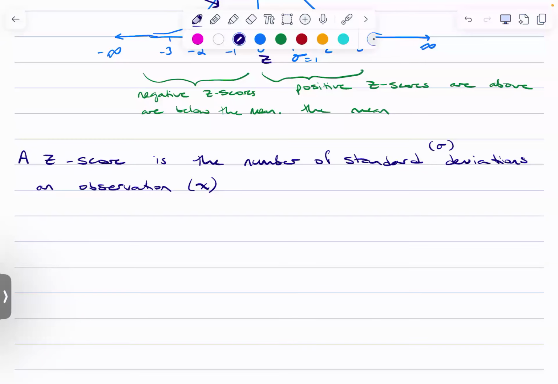And I guess I should put sigma over the standard deviations. So a Z score is the number of standard deviations an observation X is above or below the mean, which is our mu.